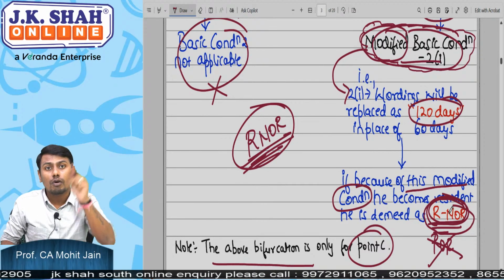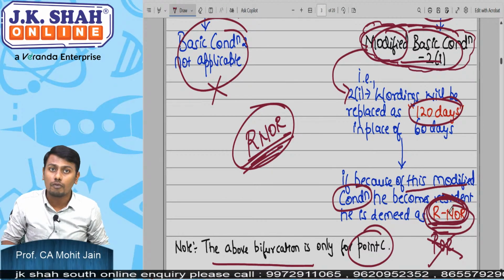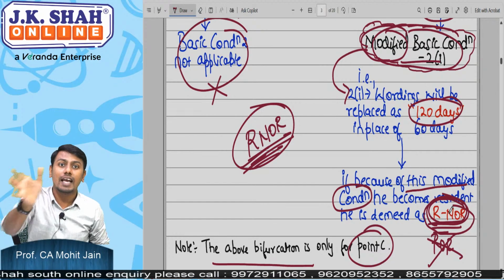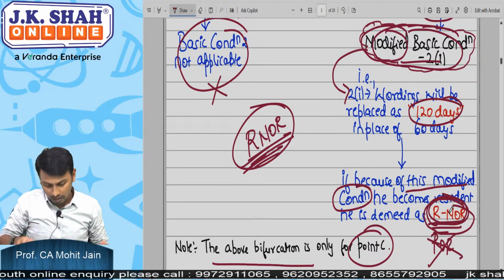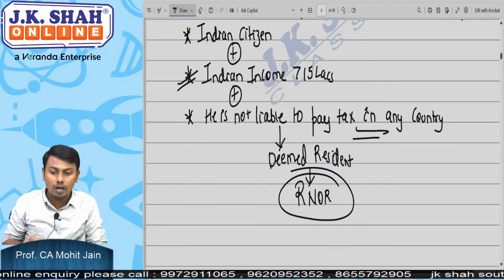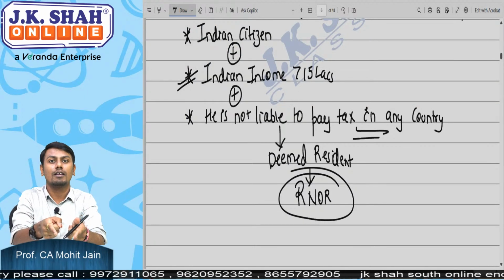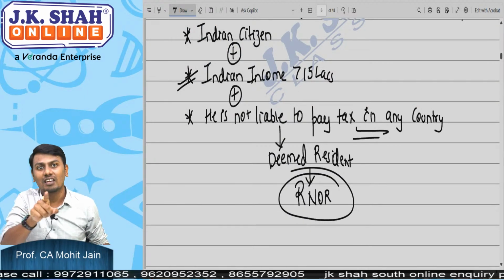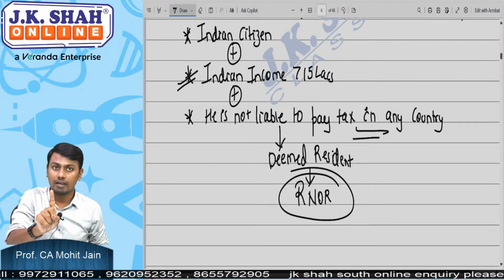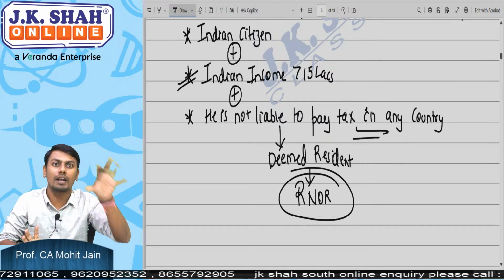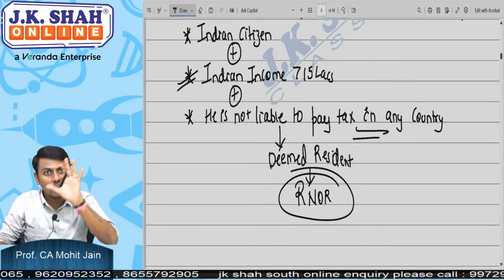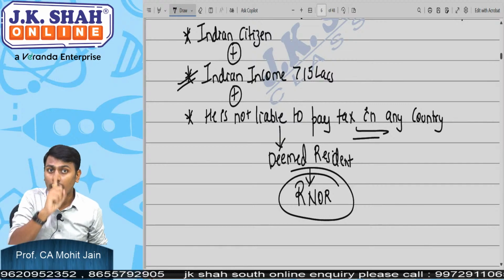There also, if you become a resident because of it, such residents are directly called RNOR. Here also, if you become a deemed resident, deemed residents are directly called RNOR. Why? I cannot explain it now because some concept of scope of total income is pending.